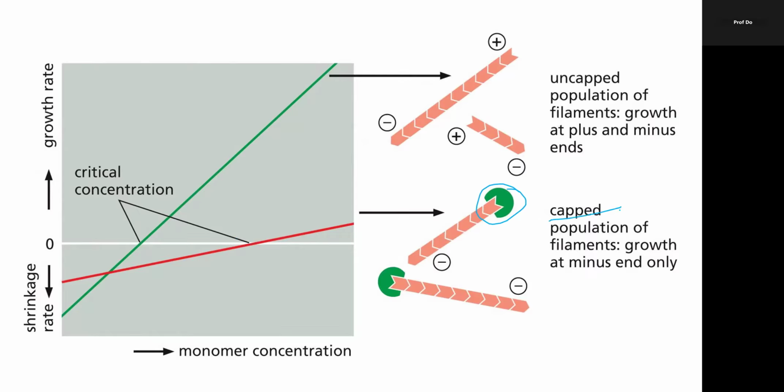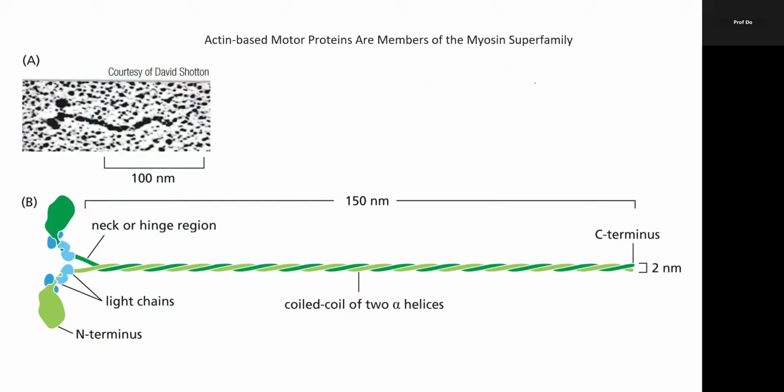So we can see the capped population of filaments grows at the minus end only. Now, why is that? Again, we've capped the top. So that means no more subunits can be attached on the top end, only on the minus end. And we've already specified that the minus end grows much more slowly than the positive end. Now, if they were both uncapped, then you can grow on both ends at the same time.